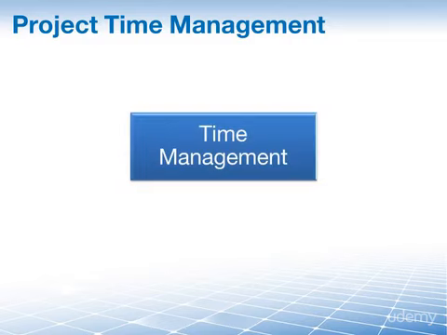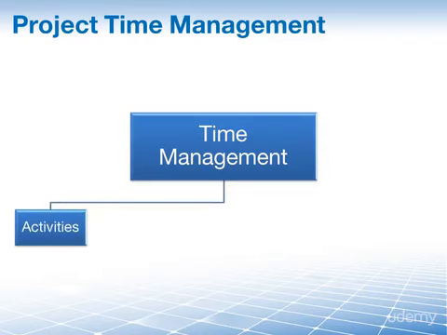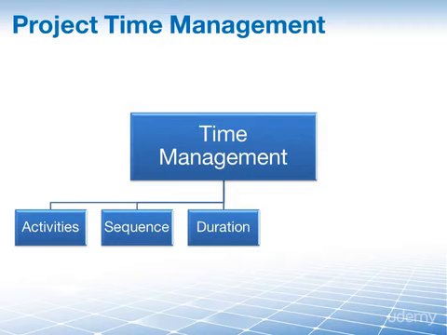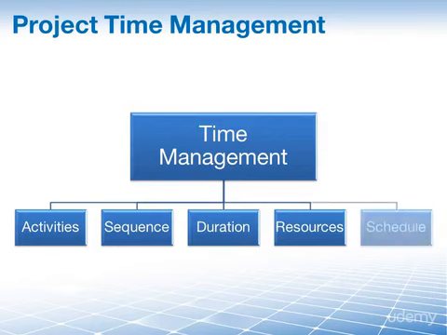Do you still remember what project time management is all about? Well, here's our review of the knowledge area. Project time management, according to the PMBOK guide, includes the processes required to manage the timely completion of the project. And this is then accomplished by defining activities which are sequenced. We give them an approximate duration, we assign resources, and once we have all of that, we can develop a schedule that is then modified and executed over the project lifecycle.